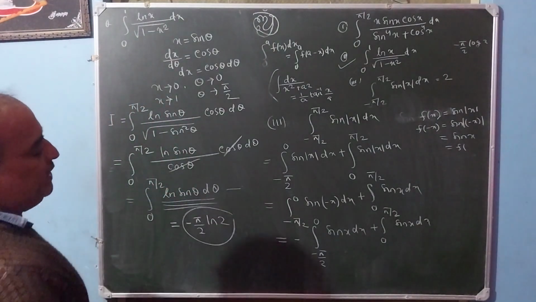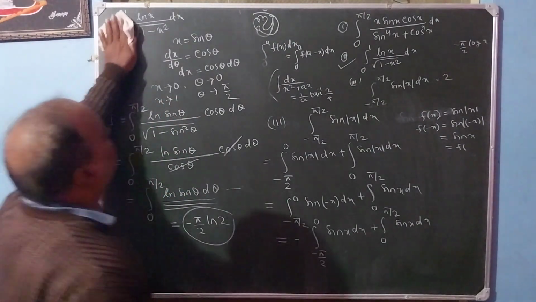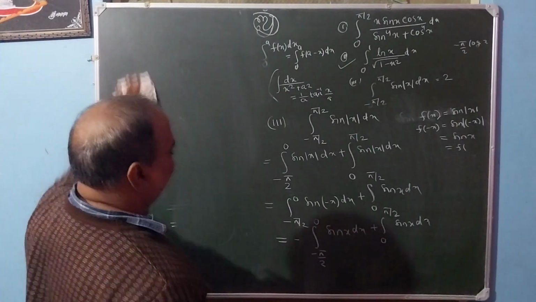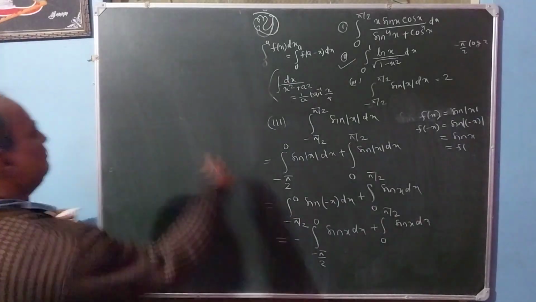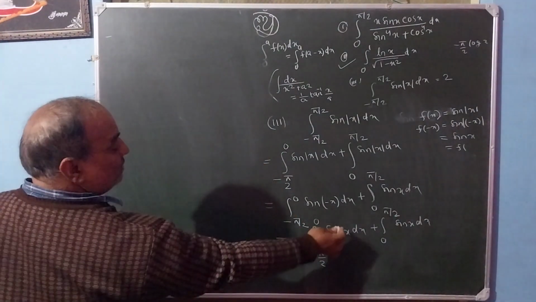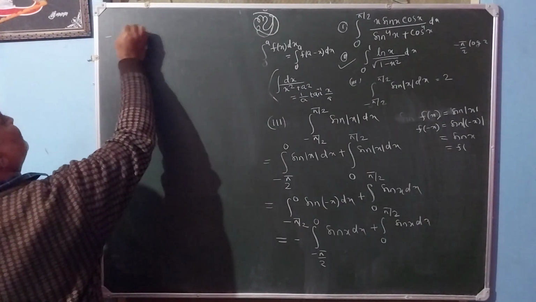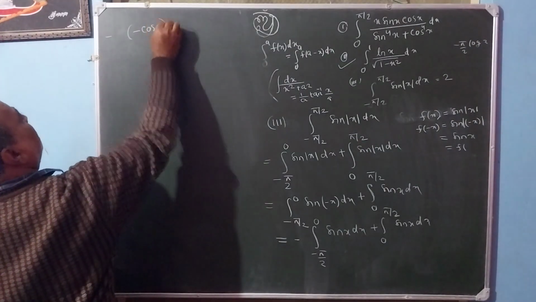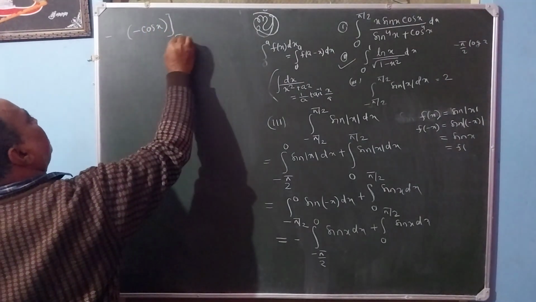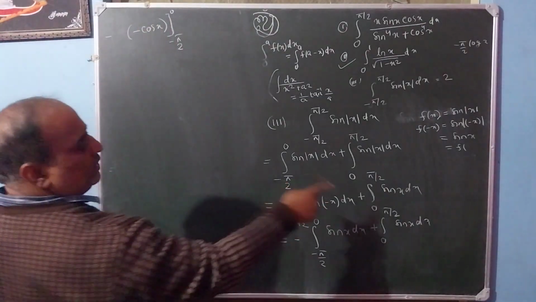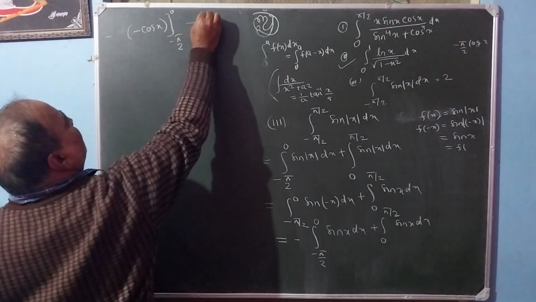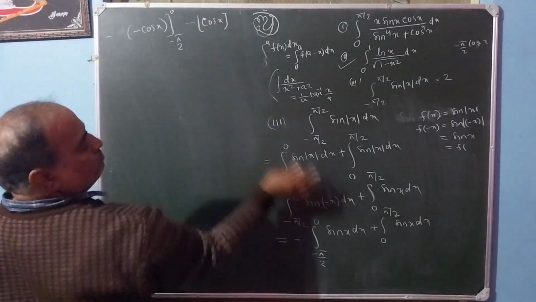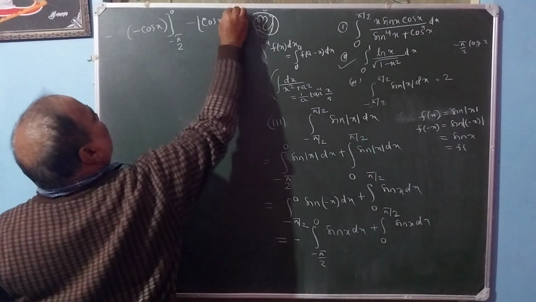So we know the integration of sin x is minus cos x. Minus cos x evaluated from minus pi by 2 to 0, and integration of sin x, minus cos x evaluated from 0 to pi by 2.